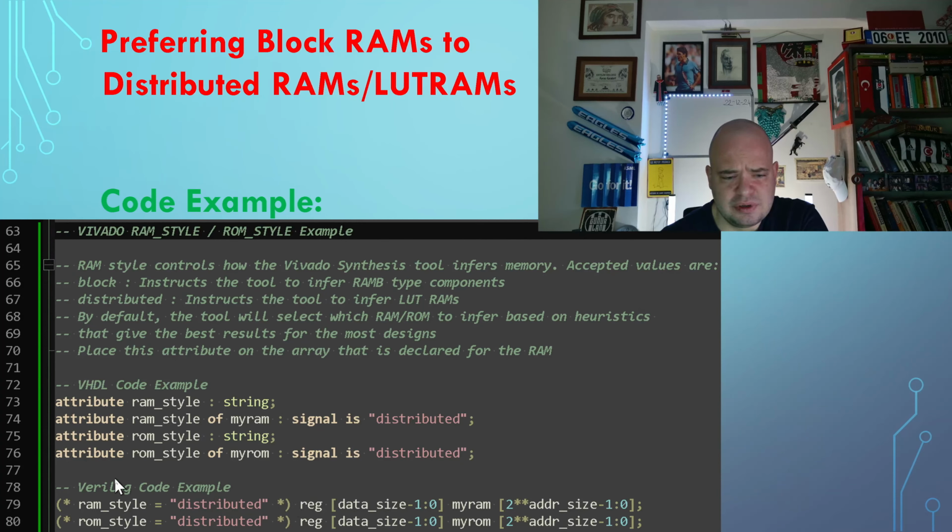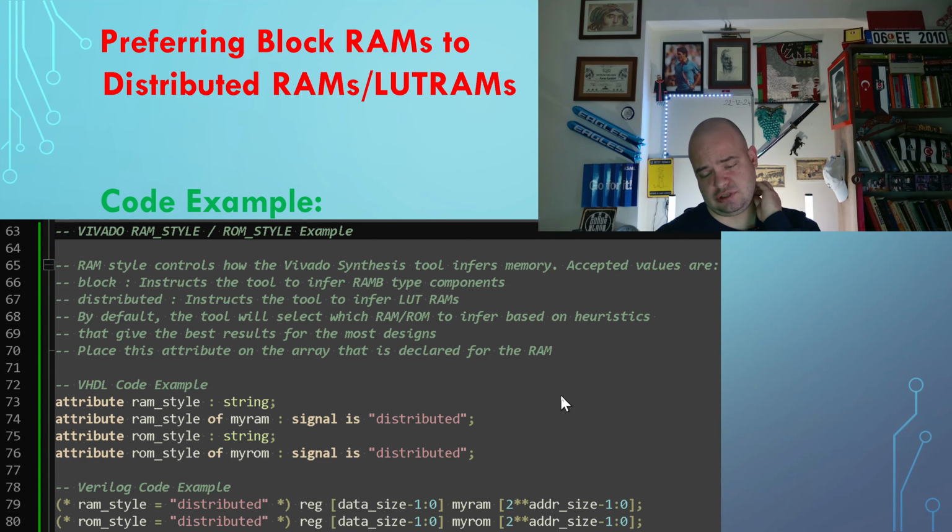The Verilog example is also as follows. That's parentheses, star, RAM style equal distributed, again star, you close the parentheses, and then you provide that RAM array information.